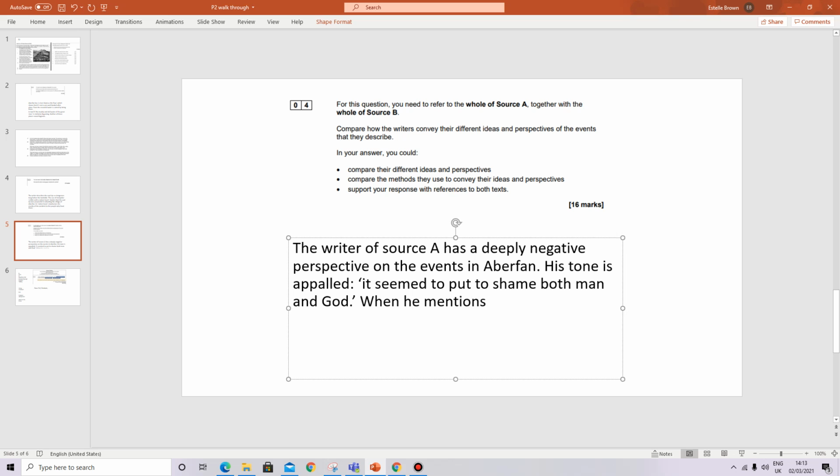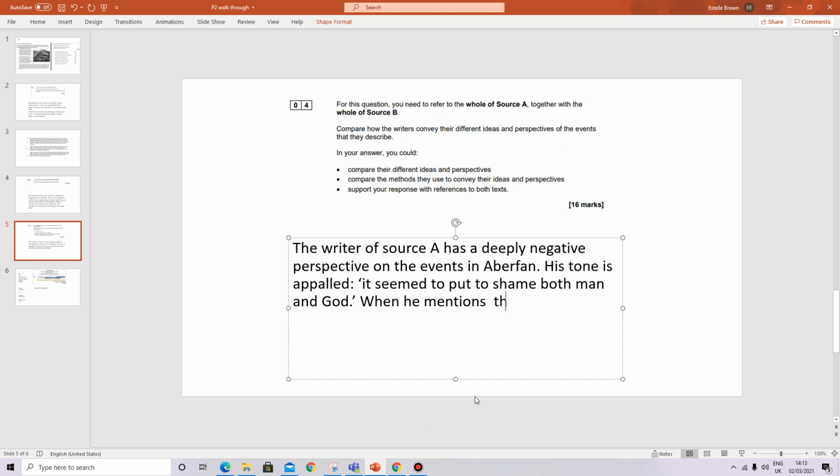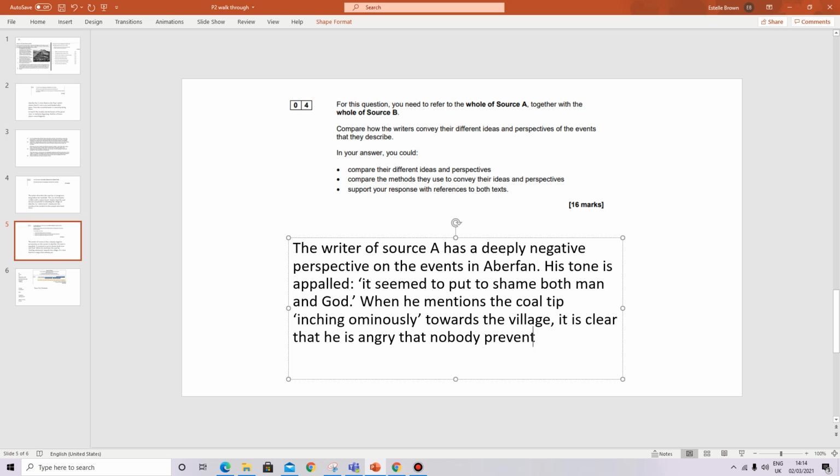When he mentions the coal tip inching ominously towards the village, it is clear that he is angry that nobody prevented this disaster before it happened.